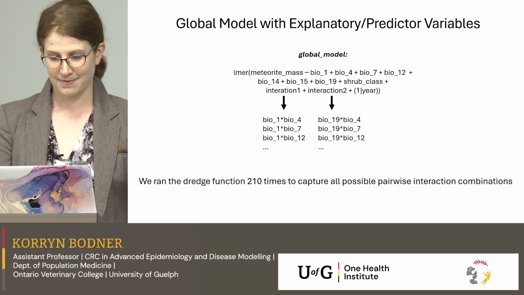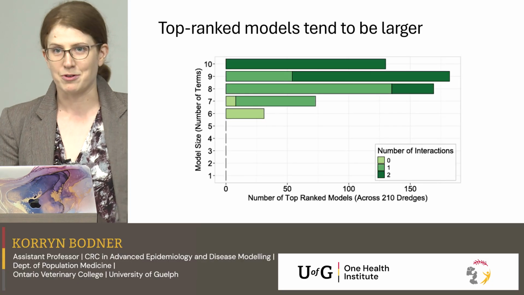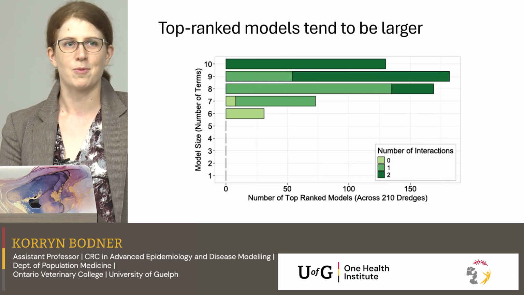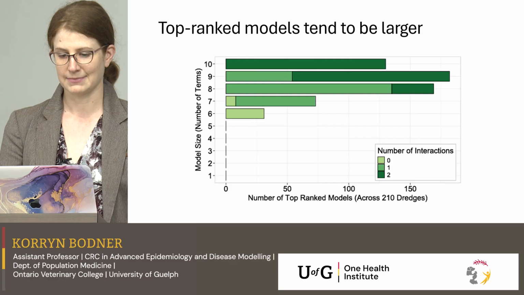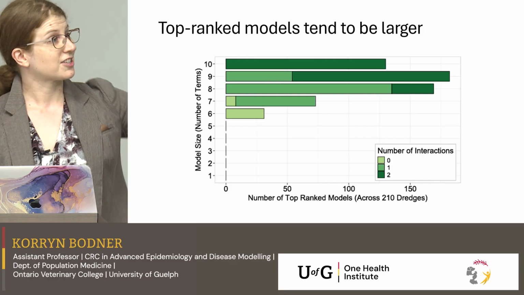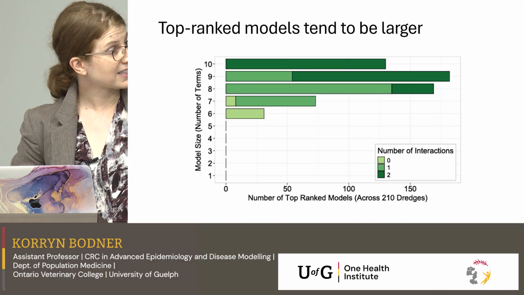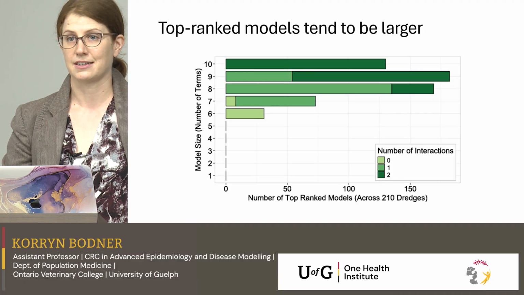Okay, so what were our results? So first of all, again, we ran it 210 times, putting that global model with different interactions in Dredge over and over and over again. Dredge tended to pick larger models. So here on your x-axis, we have the number of top-ranked models, and on the y, you have the model size.